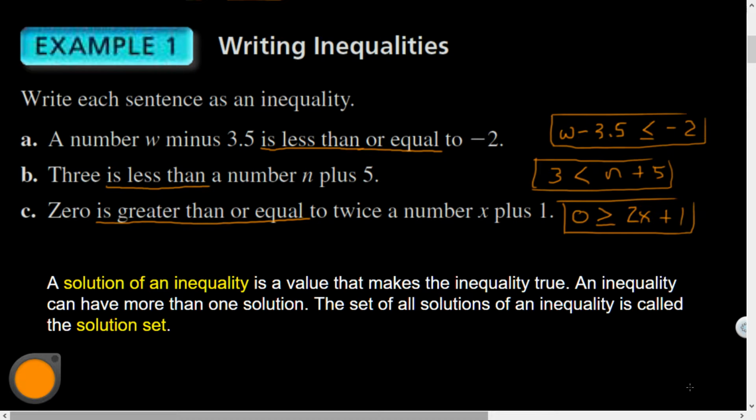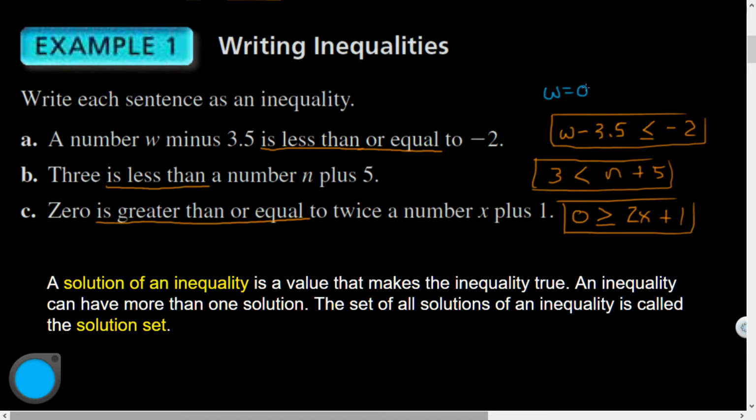Okay, so here it says, a solution of an inequality is a value that makes the inequality true. So if I said W equals 0 up here, W equals 0 is a solution, because if I plug 0 in here, 0 minus 3.5 is -3.5, which is less than or equal to -2.